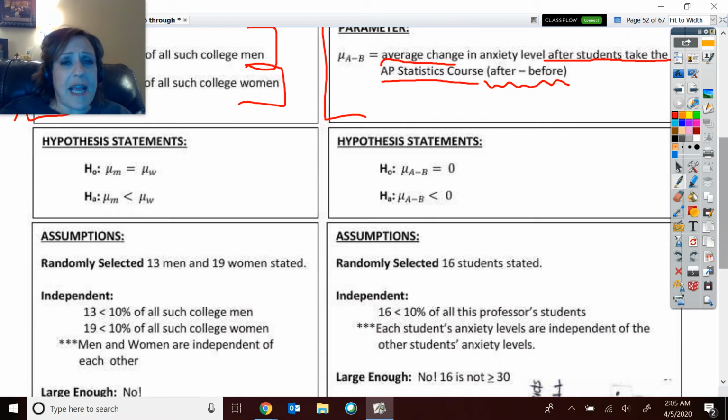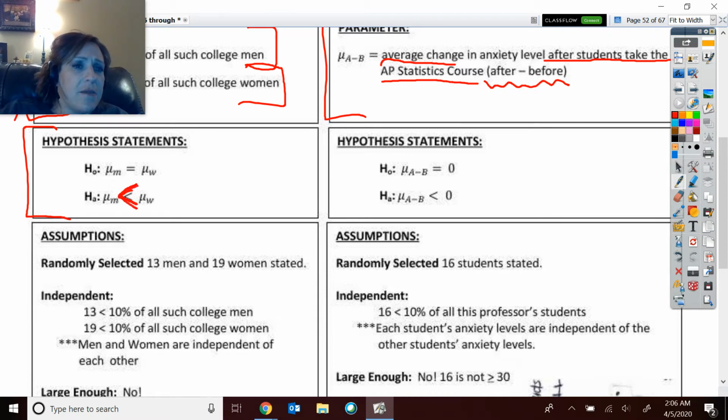All right, so let's take a look at how these hypothesis statements look different. Over here on the left, when we have the two separate means, you can see I have two means written separately. I have the average of the men equaling the average of the women. And for the alternative, pay attention to what they were wondering about. They gave us the data with the men first and then the women second, but then they asked the question from the viewpoint that the women think they have a higher GPA than the men.